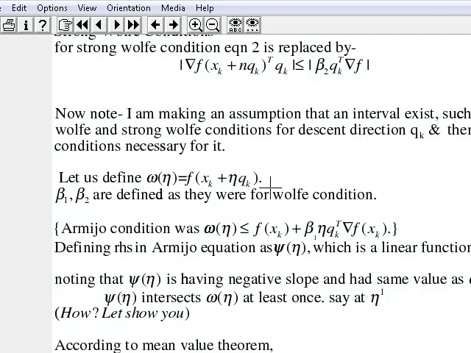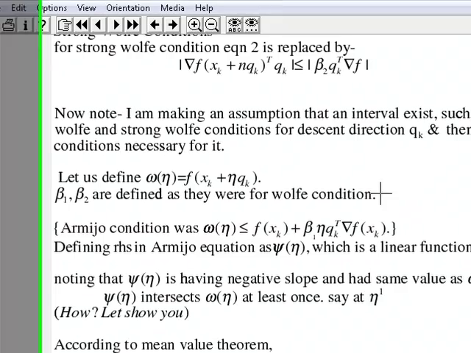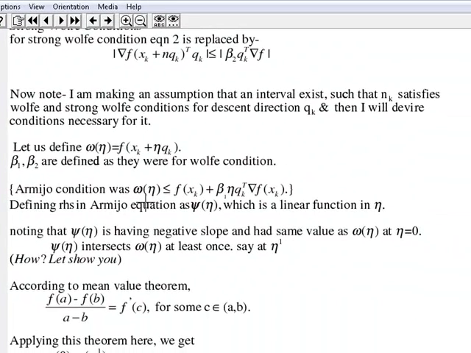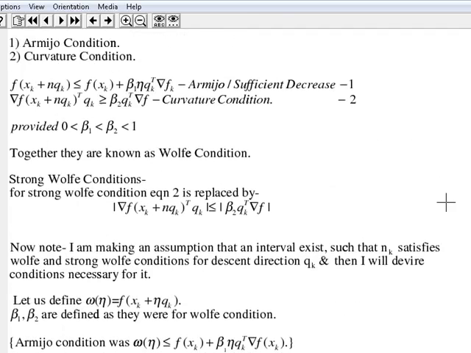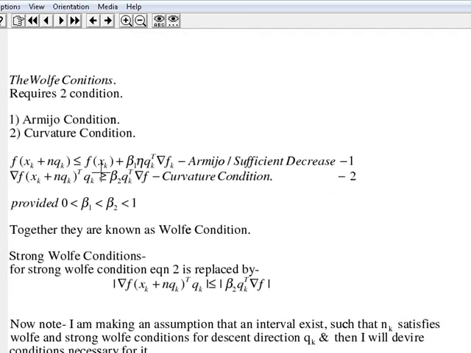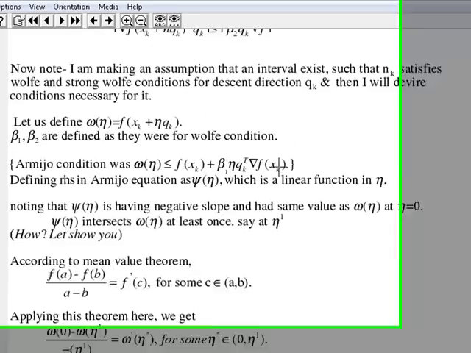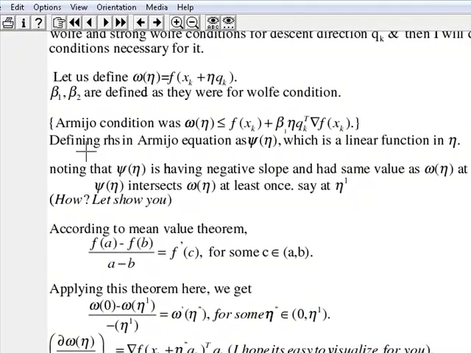Here I define that this function is equal to omega of eta, and beta and beta 2 are as they were in the Wolfe condition. Our Armijo condition was as you can see here. Now defining the RHS in the Armijo condition as xi of eta, which is a linear function in eta, as I described earlier, this function xi of eta has a negative slope.